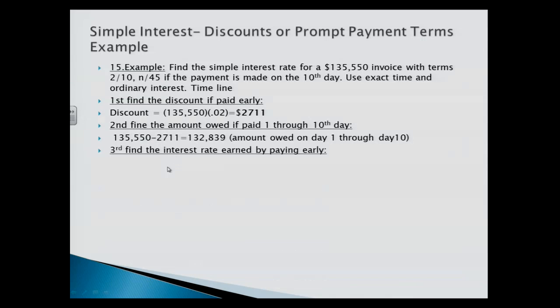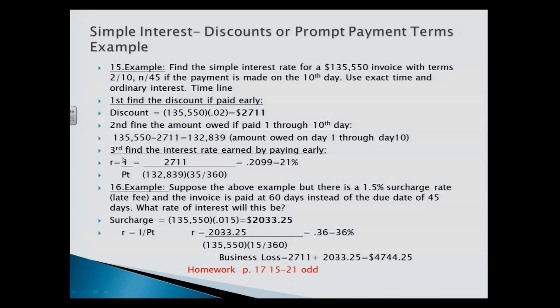If I pay it early, I want to know what interest I paid myself. So if you remember, I want to know the interest rate I paid myself. The formula is I over PRT. The interest that I received for paying it early was $2,711. The principal now was this amount, $132,839, and you assume you always pay your bills on the last day of the month.